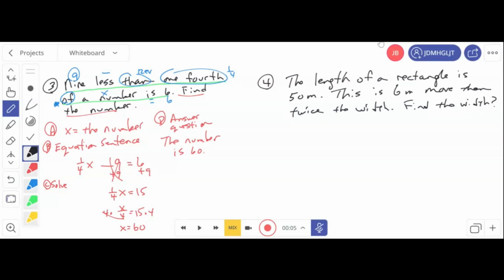Okay. So in this problem, we're talking about two things: length and width. Doesn't matter which one I write first. It says the length is 50 meters. The width, that's what we're trying to find, has to be x.